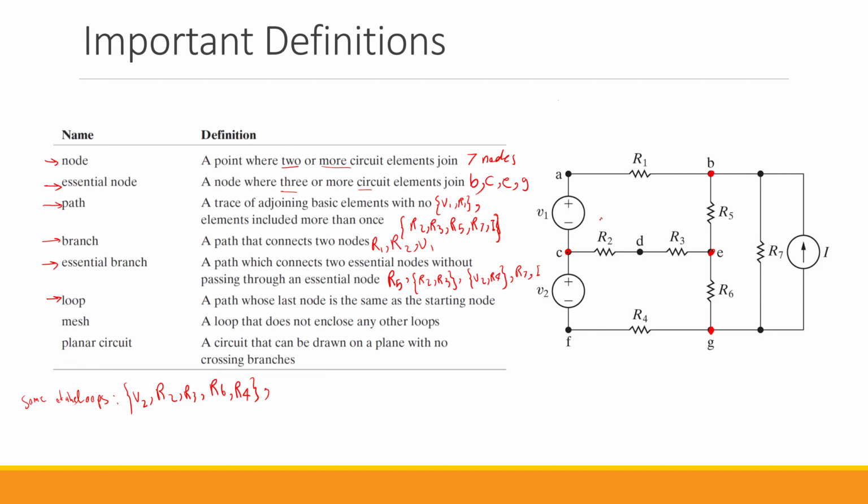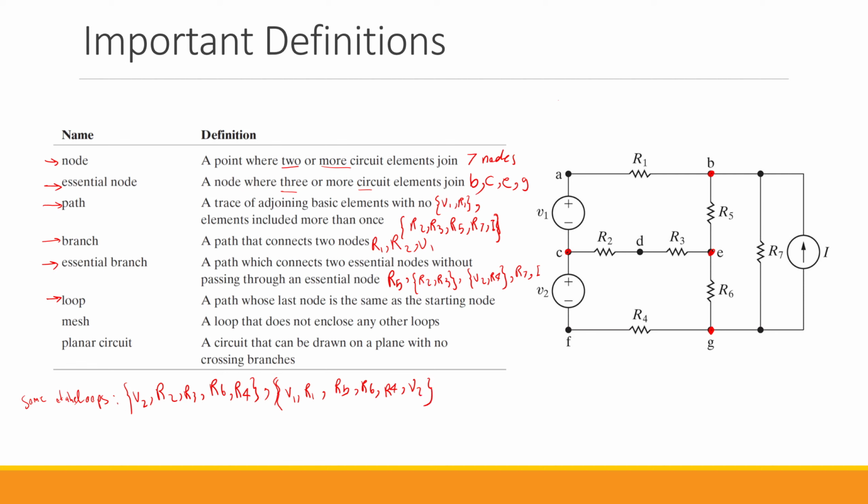What about V1, R1, R5, R6, R4, and V2? Is that a loop?